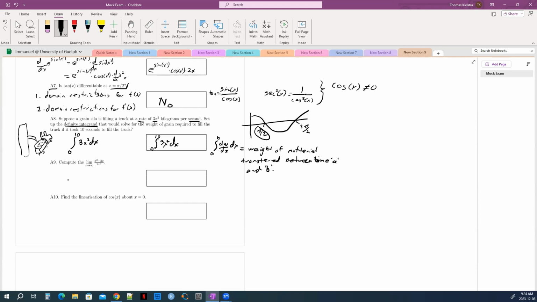Okay, now for A9, we're looking at the limit as x goes to infinity of this expression. And if we just plug this in naively, we get infinity minus infinity over infinity. So we need to multiply by something to get rid of all those infinities. We're going to multiply by the largest power on the bottom.